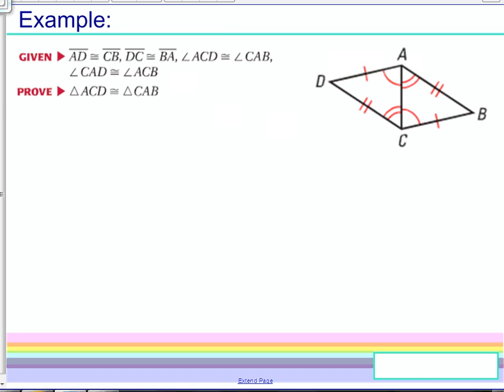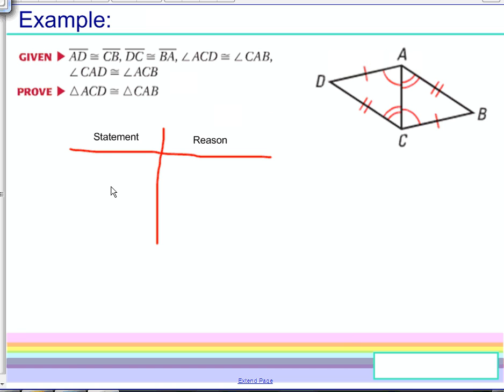So from here, we're just going to create a two-column proof in order to prove these things. If you remember, on one side I have my statement, on the other side I have my reason, okay?